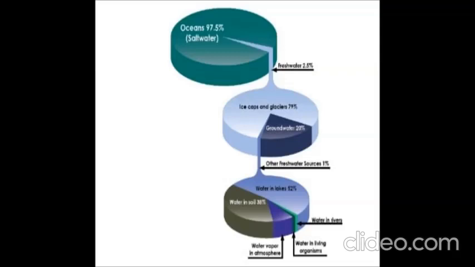Out of the fresh water available, 29.9% exists as fresh groundwater. 0.26% of water is available in lakes, reservoirs, and the river systems.